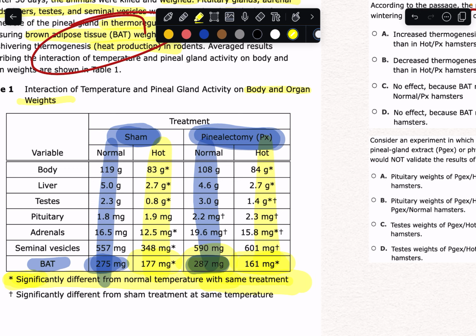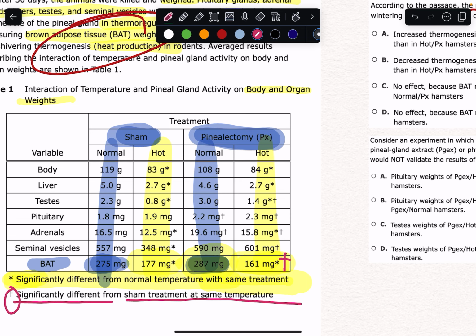If I have this cross sign here, then I can say 161 is significantly smaller than 177, because this cross sign indicates significant difference from sham treatment at the same temperature. So I can compare hot versus hot. I can compare 161 with 177, right? But unfortunately, I don't have this pink cross sign.